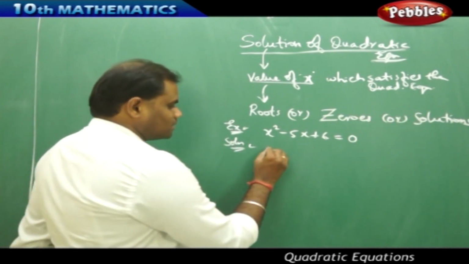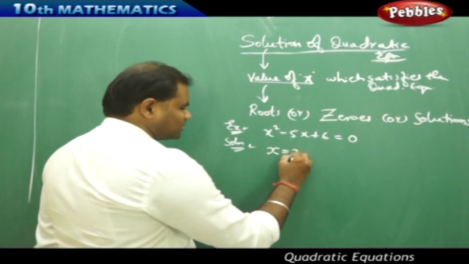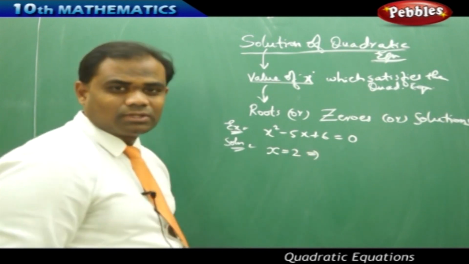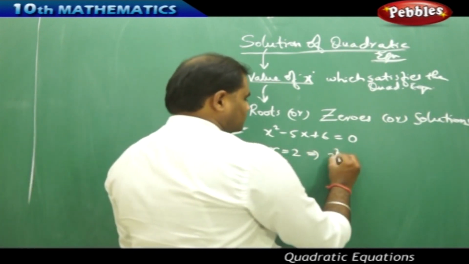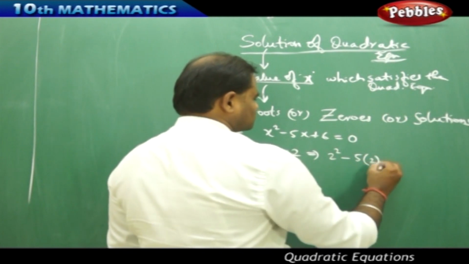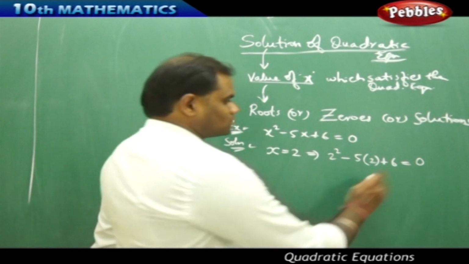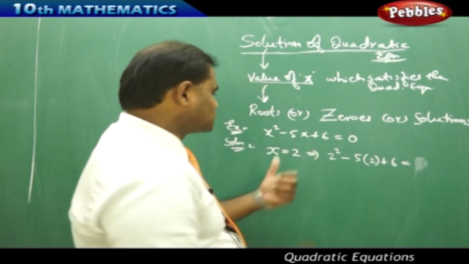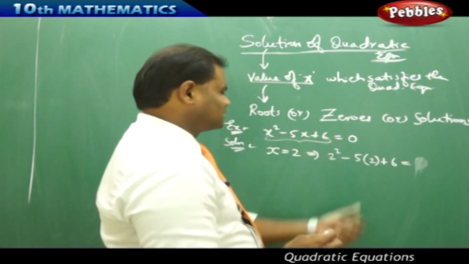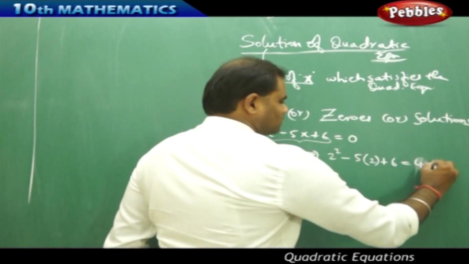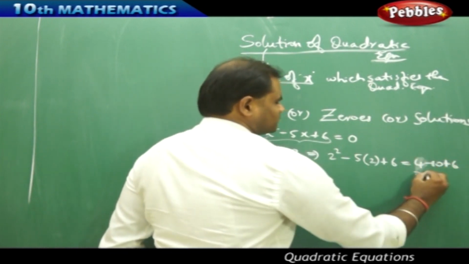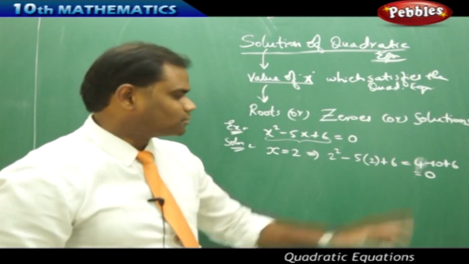So clearly, let me start with the trial method. When I take x equal to 2, I get 2 squared minus 5 times 2 plus 6, and let's see what I get when I substitute in the left hand side. This is clearly 4 minus 10 plus 6, which is 10 minus 10, and that is 0.